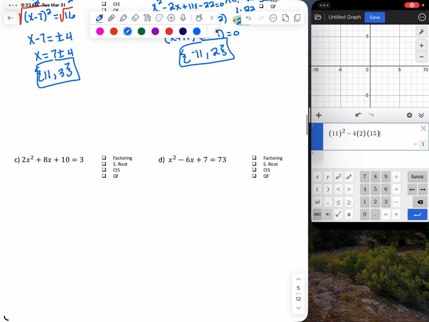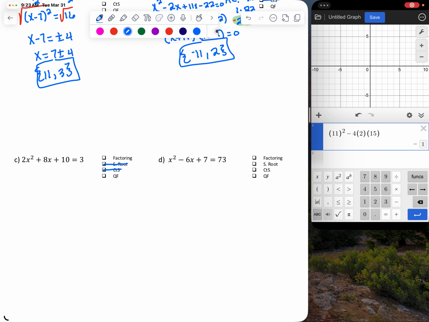All right, problem C. We have 2x squared plus 8x plus 10 is equal to 3. Now here the value of a is 2, so I probably wouldn't want to use completing the square. I also cannot solve it by the square root property, so I'm going to either use factoring or the quadratic formula.